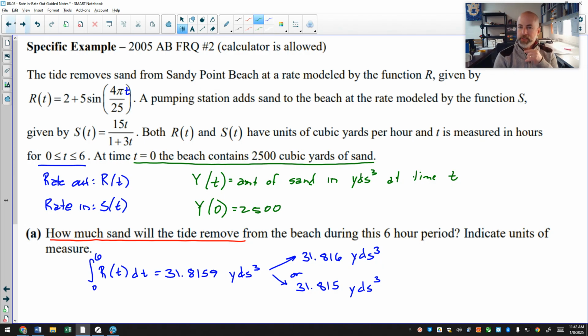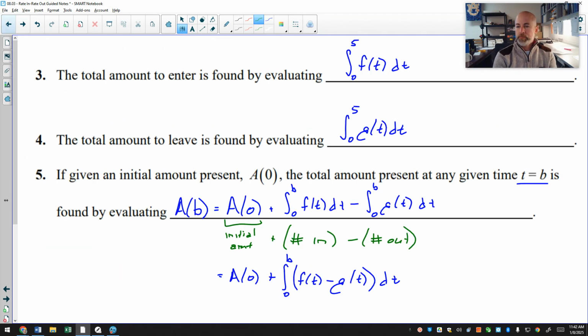And the way we'll do this one is we're going to go back to this formula right here, number 5. If I want the amount of sand at any given time, it's your initial amount plus the amount that went in minus the amount that went out.